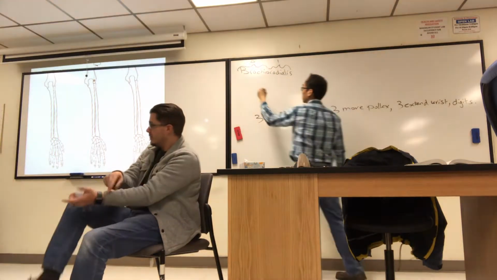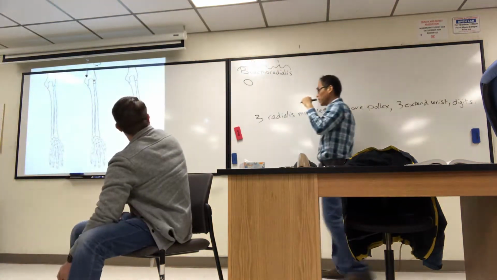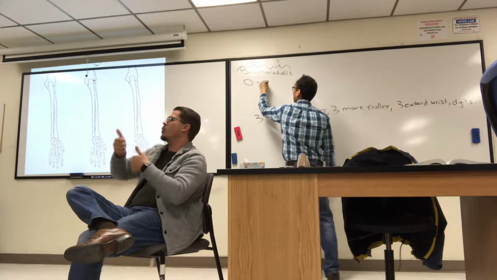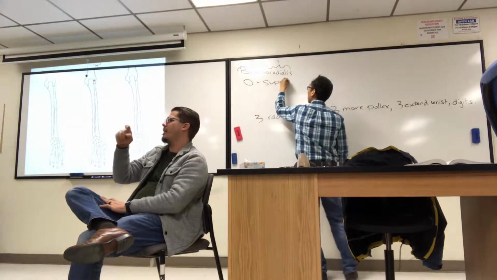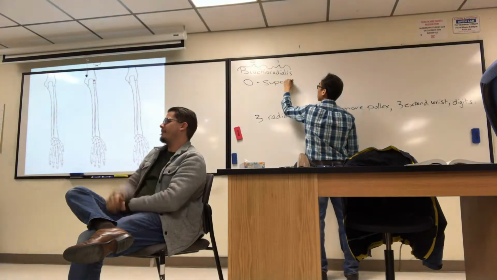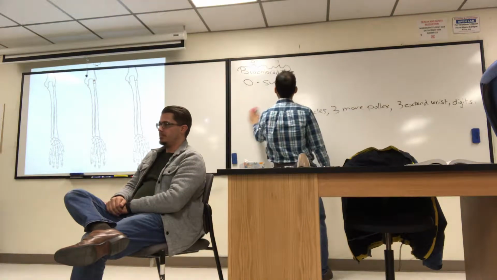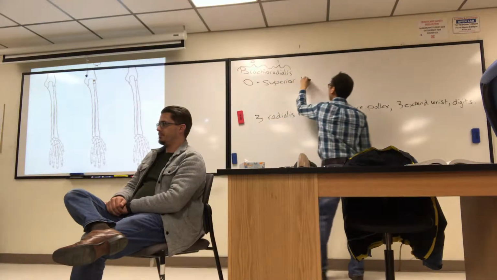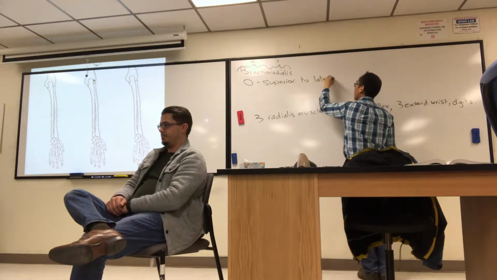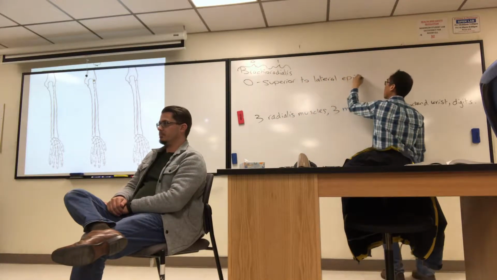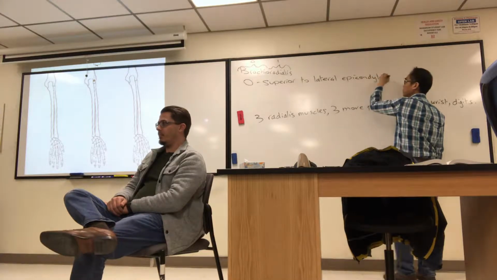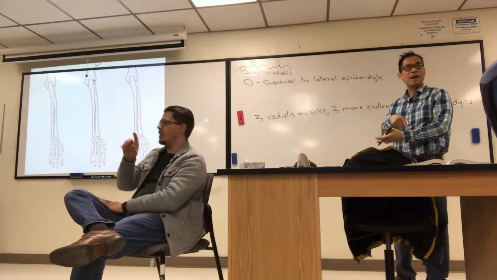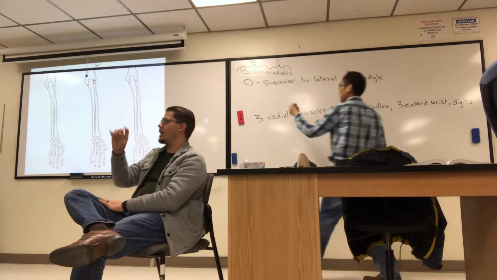This is the origin. This is the insertion. So, this one originates a little bit superior to the lateral epicondyle. And it's going to insert on the distal radius by the styloid process of the radius.